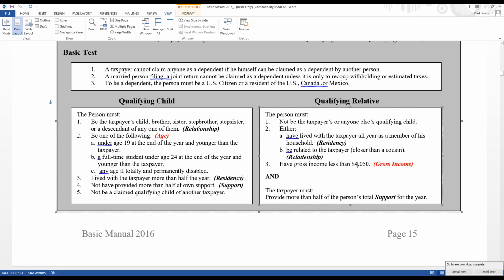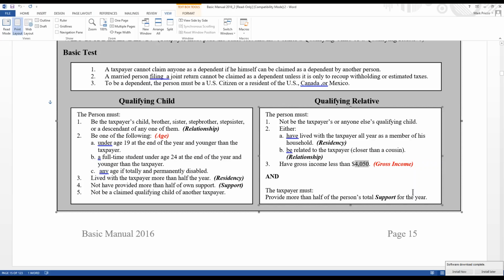And that $4,050 is actually the personal exemption for 2016. I went to the quick finder at the beginning of this video and showed you the personal exemption of $4,000. That was for 2015. So that's where this magic number comes from. This is called the gross income test. And lastly, the taxpayer provided more than half of the person's total support for the year.